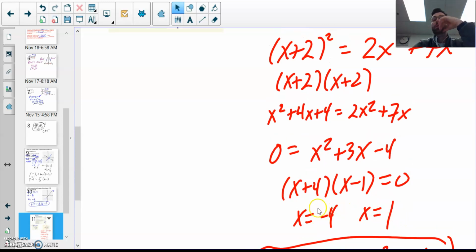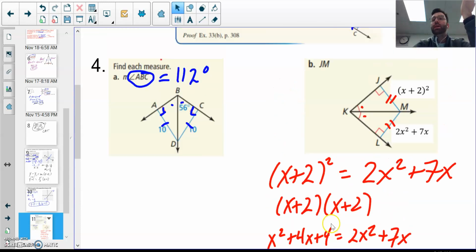Now, normally we'd throw out the negative, right? But we want to test it to make sure. If I plug in -4 here, -4 plus 2 is -2. -2 squared is 4. So that checks out. If I plug in -4 here, -4 squared is 16, times 2 is 32, plus 7 times -4 is -28. 32 plus -28 gives me 4.